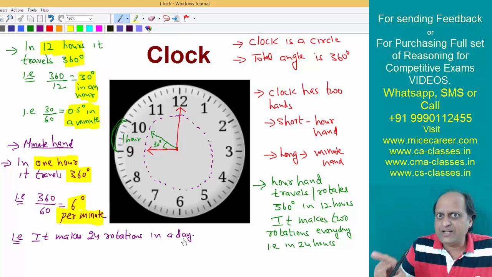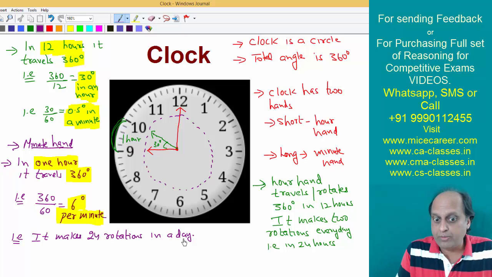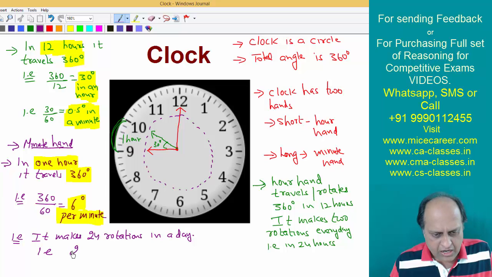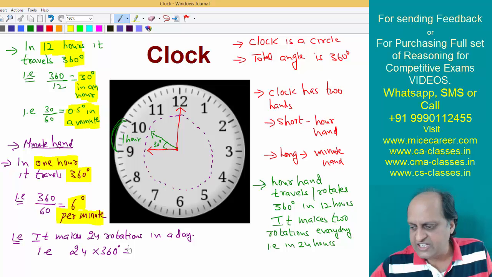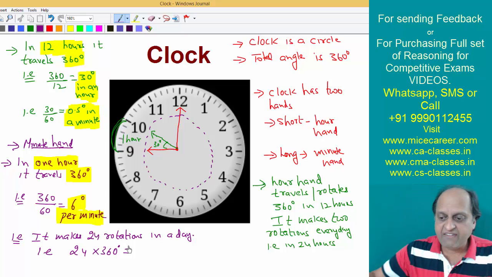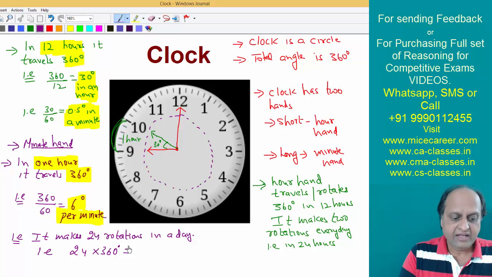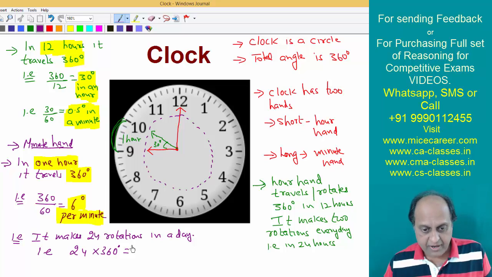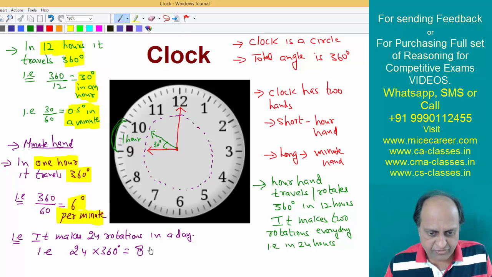So in complete 24 hours, it is going to make 24 rotations. That is, in all, 24 into 360 degree is the total degrees traveled by the minute hand in a day of 24 hours. You should always remember that a day is of 24 hours.